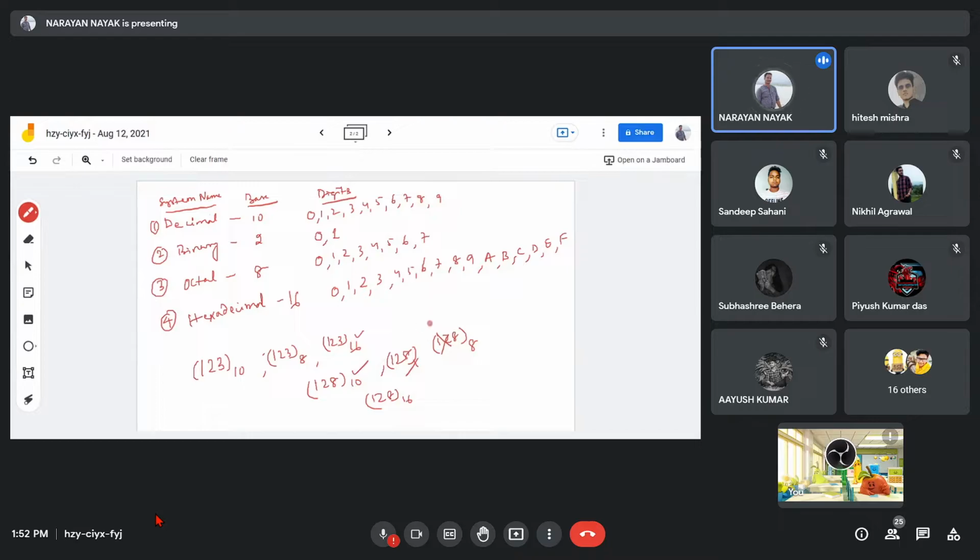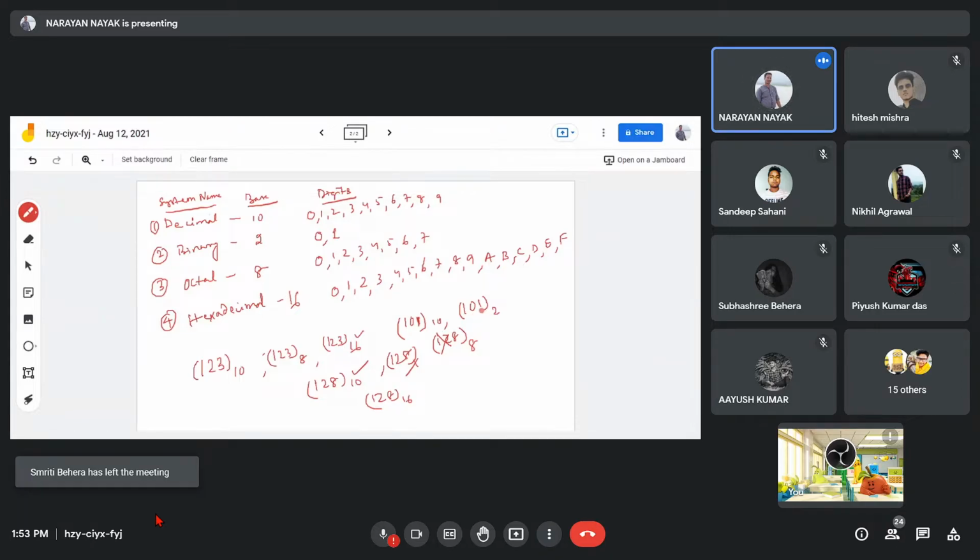Suppose one more example. Let us say I write 101. Which number system can you represent this in? You can represent it as base 10, it will be 101. You can also represent it as base 2, because it is 1, 0, 1.